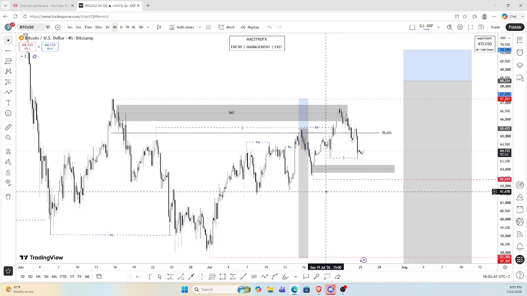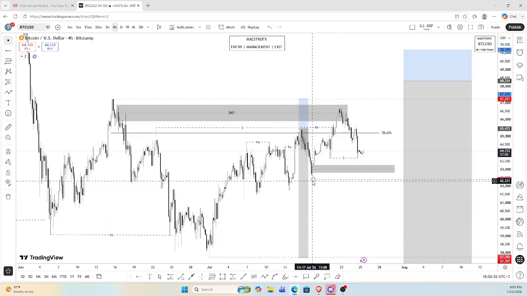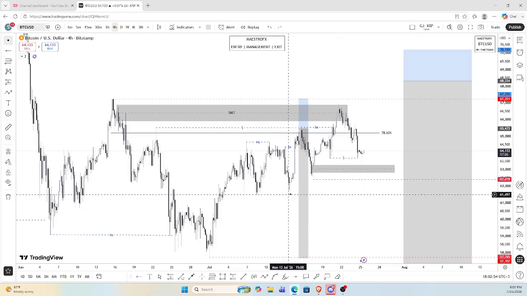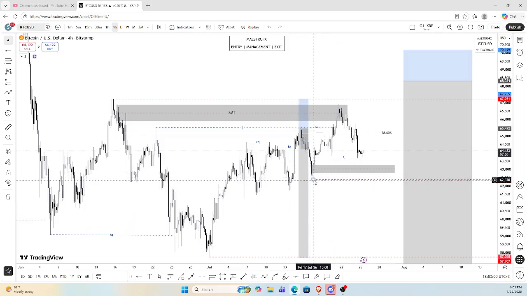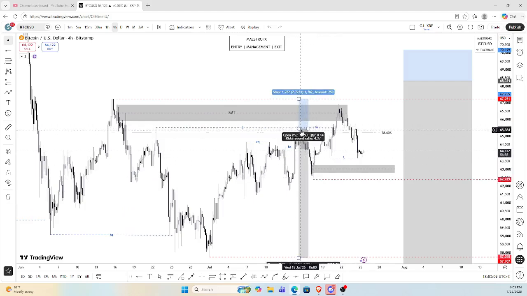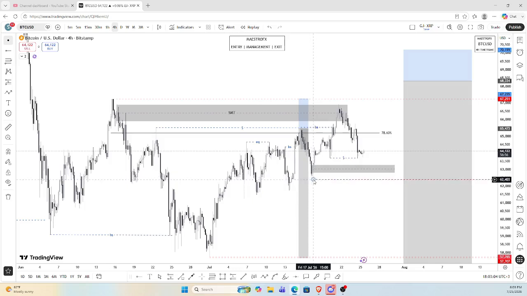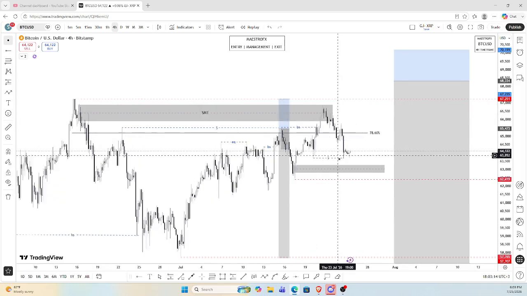But clearly, you can see that price did not break structure to the downside. This swing low printed that swing high, so this is our current swing low and this is our current swing high.